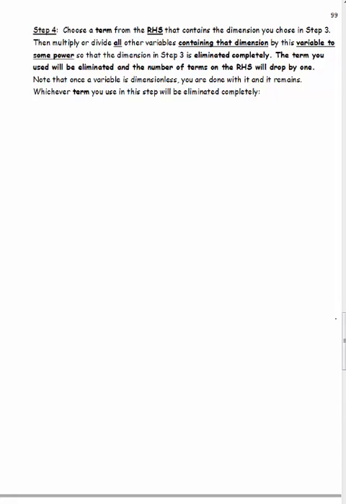So we're going to pick rho or mu because I had M from the previous step. The key here is what we want to do is get rid of M in all of our terms.